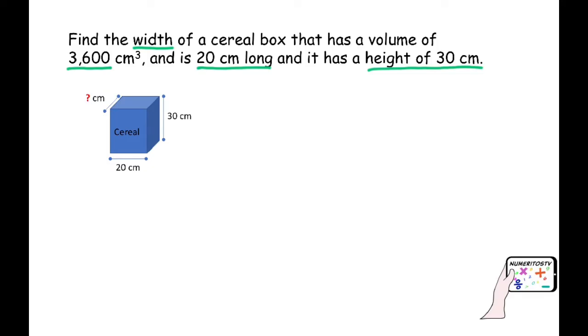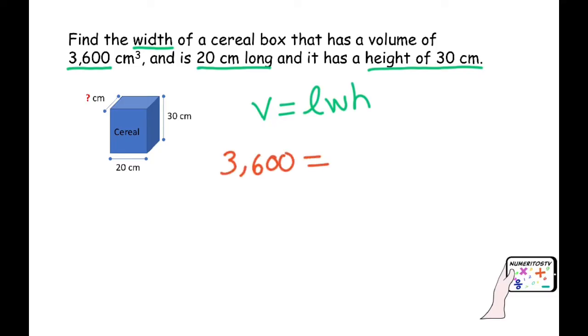Well, we know that the formula is volume equals length times width times the height. And in this problem, they are giving you the volume. So I am just going to substitute all the values given in my formula and solve for the one that we're missing. So the volume is given, that is 3,600.